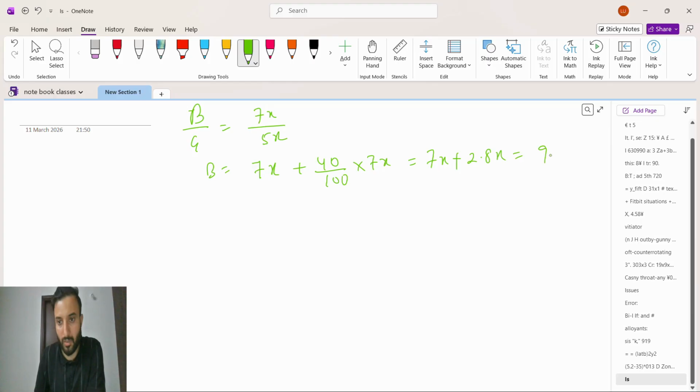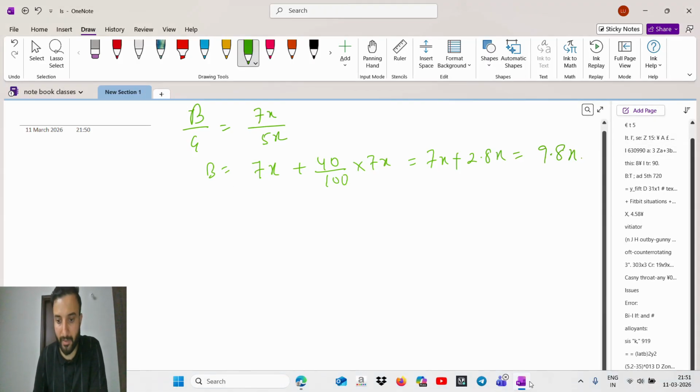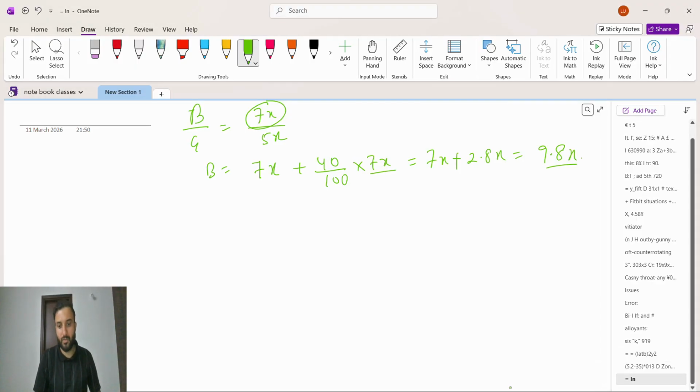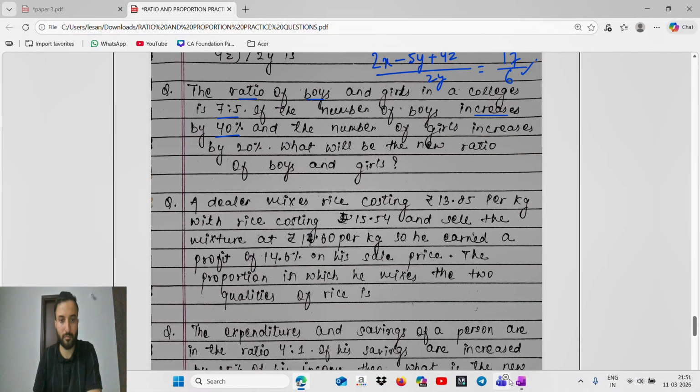So 7 plus 2.8, 9.8x. The new value of boys is 9.8x. Before it was 7x, increased by 40%, it is 9.8x. So 40% means 40% of the old value. This concept you have to know.